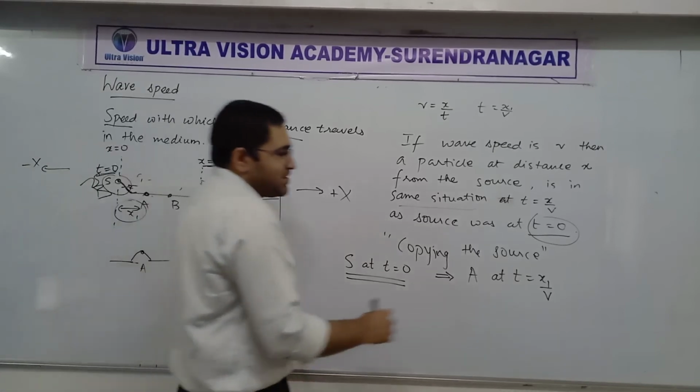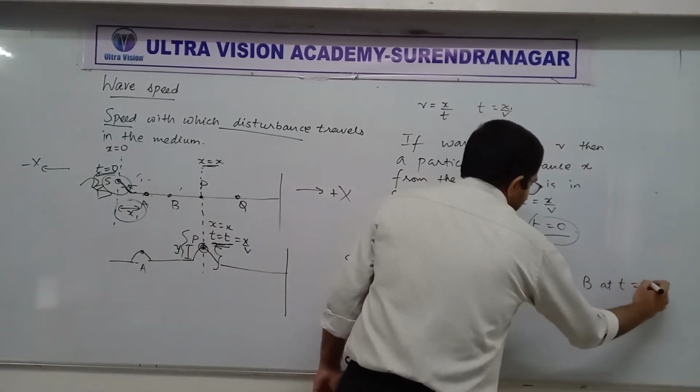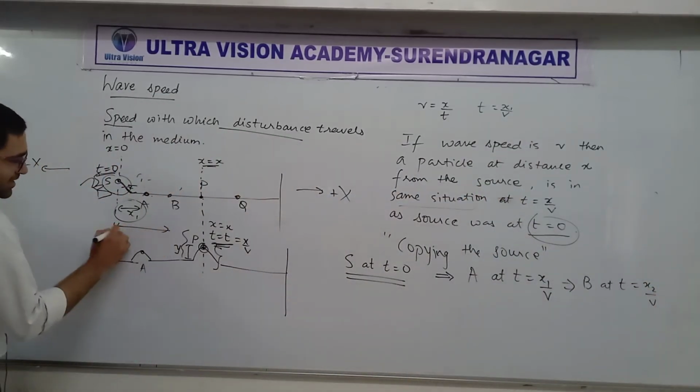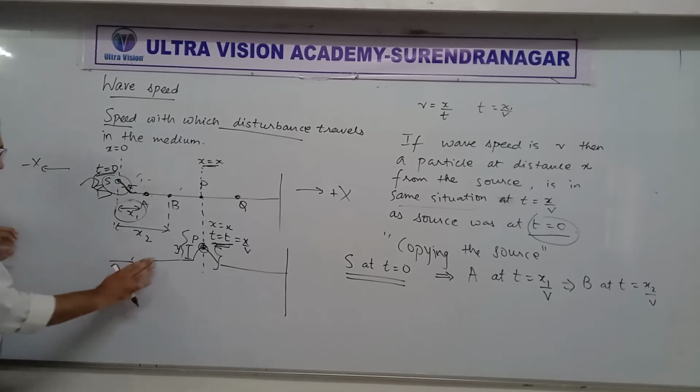Similarly, I can say that B would be doing this at some time t equal to x2 by v if this distance is x2. Clear or not clear?